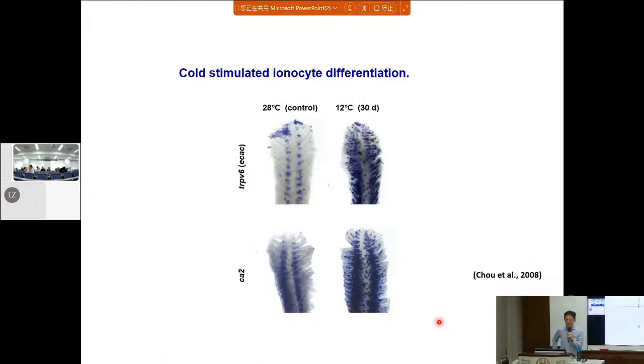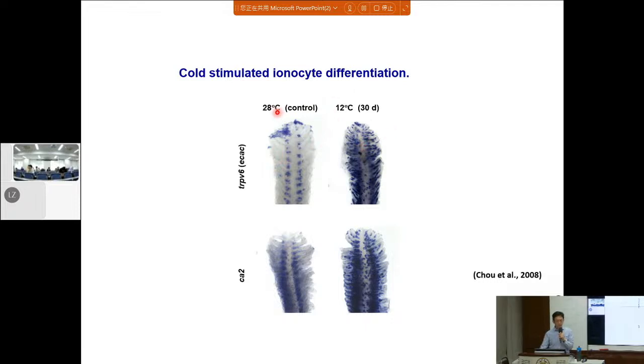One case is that zebrafish is actually a tropical fish, which means they like to live at 28 degrees Celsius, and they do not like cold, like 12. But they can actually live at such a low temperature.